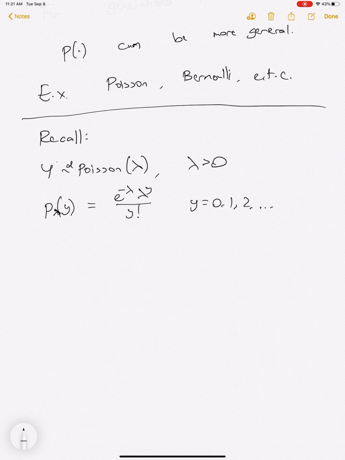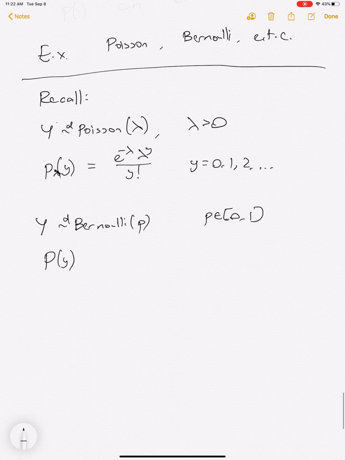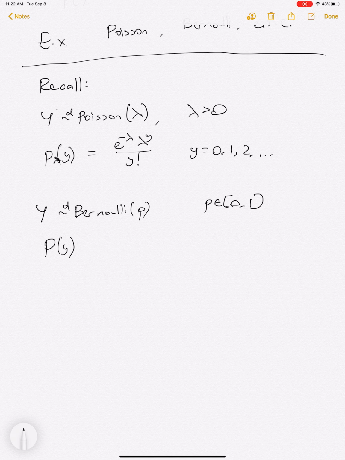And then if y is Bernoulli p, for example, here p refers to the probability of success, so p is between 0 and 1. I'm going to use this notation. It's a little annoying because we have a little p here, and I've used the notation p for the distribution as well.